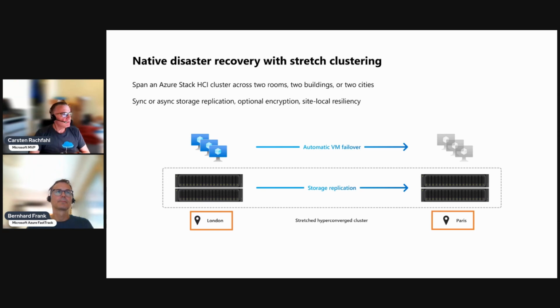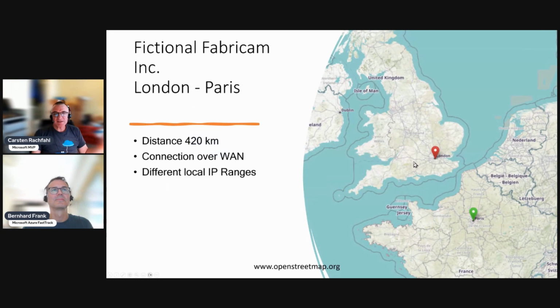Well, it's the same continent, because London is on an island called Great Britain, right? And Paris is in France, on the European mainland. I hope this is politically correct. I don't know it exactly, but London is on an island, right? So we have even water between those.